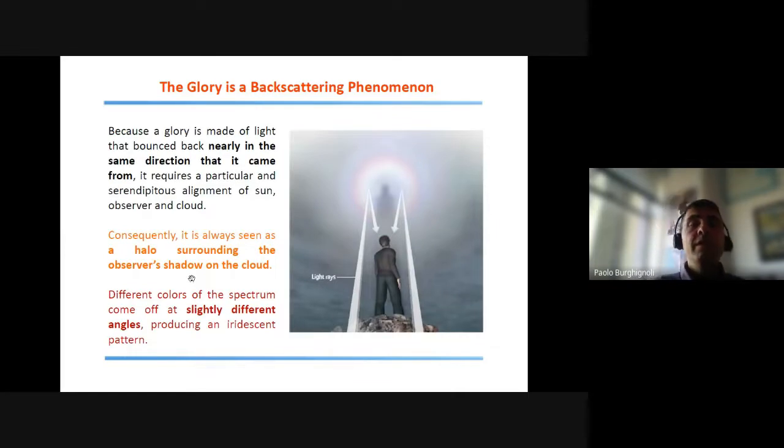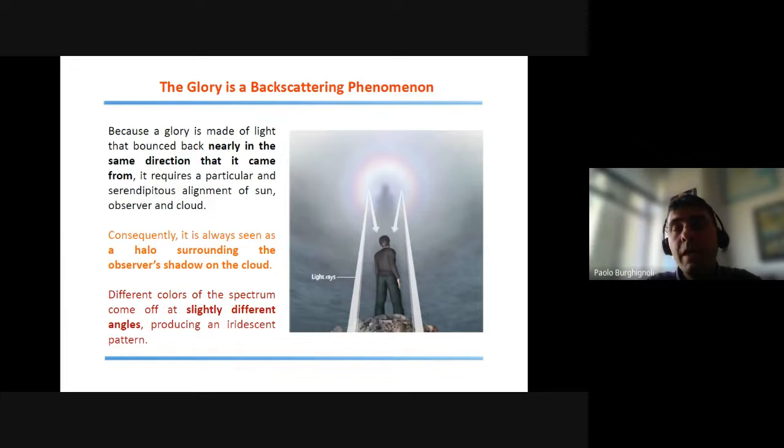Now, since glory is made of light that bounces back nearly in the same direction from which the incident ray comes, it requires a quite particular alignment between the sun, the observer, and the cloud. So it is a very rare phenomenon.